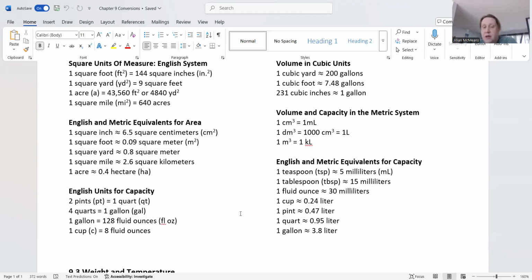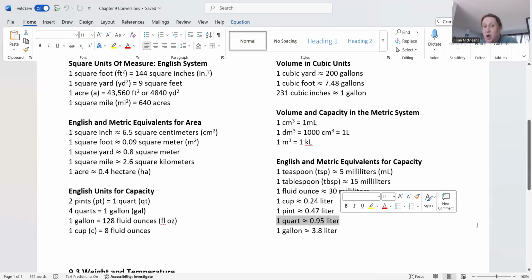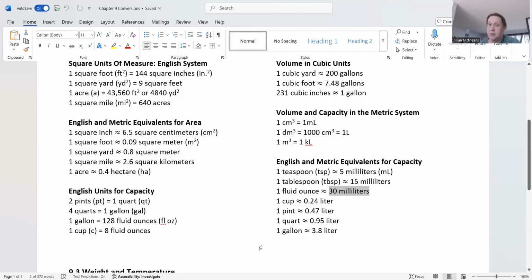Okay, we need to find some way to convert between milliliters and quarts, but we don't have one. If you look right here, we have quarts and liters, but there's no milliliters to quarts. We do have milliliters to fluid ounces, so we could technically go milliliters to fluid ounces and then fluid ounces to cups, cups to pints, pints to quarts, but that would take a lot.